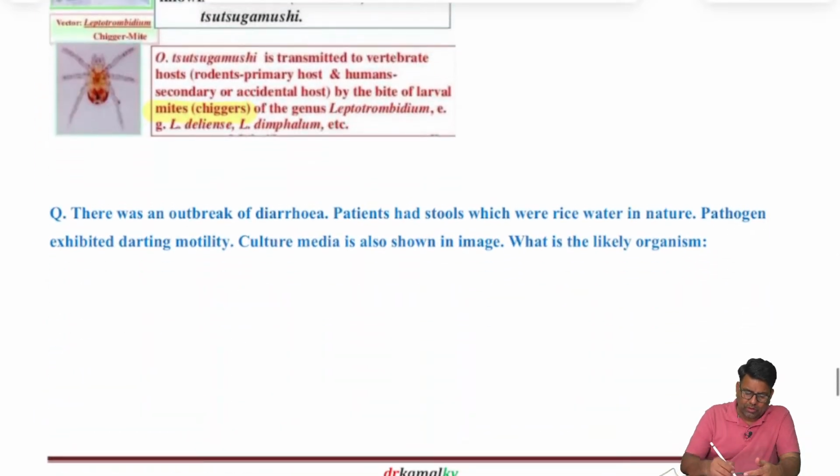Then next question, there was an outbreak of diarrhea, and the patient was having stools of the consistency or appearance of rice water stools, and the organism was showing darting motility.